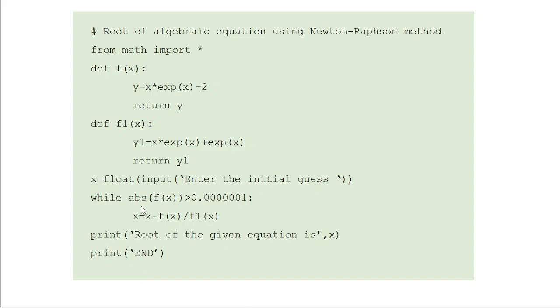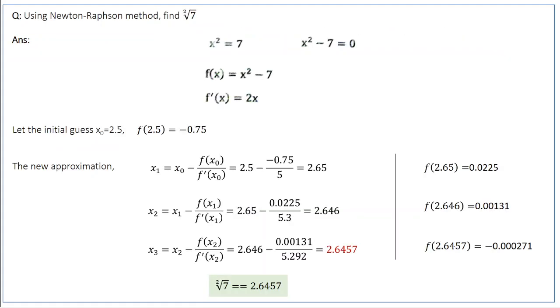When I say the absolute value of f of x is greater than 0.00001, what's the meaning of it? As long as the absolute value of f of x is greater than that value, I keep repeating the iteration. The moment the value of f of x is less than that particular value, I stop.